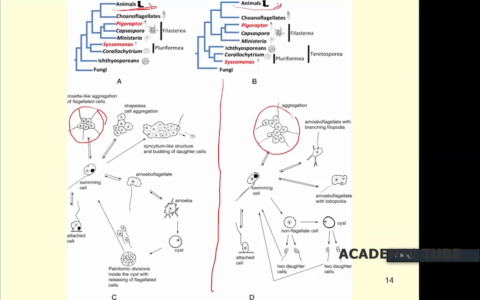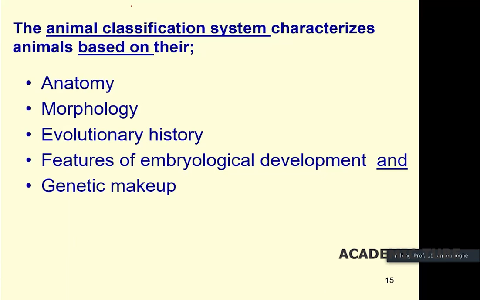Okay. Now we look at the animal classification system and the characteristics of animals based on different categories. So now we are going back to how we have classified animals.